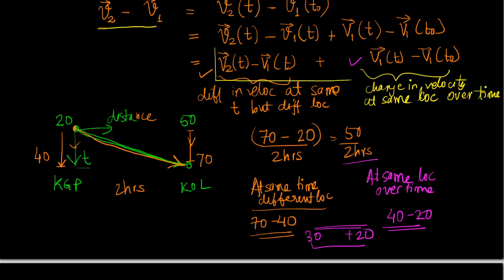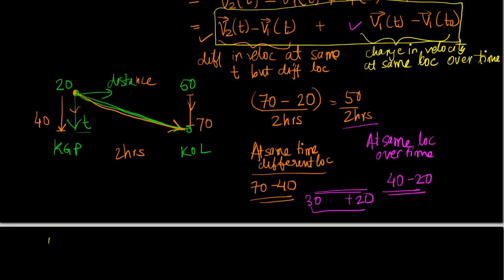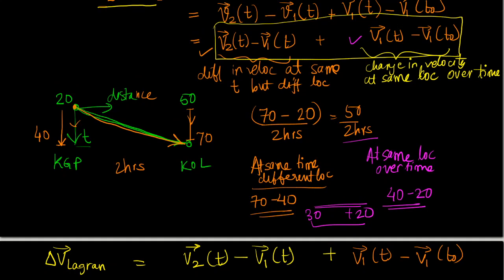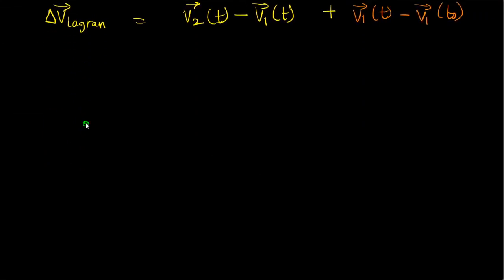So V2 at t, so change in velocity as seen from the Lagrangian framework is V2 at t minus V1 at t plus V1 at t minus V1 at t naught, where this is point 1, this is point 2.